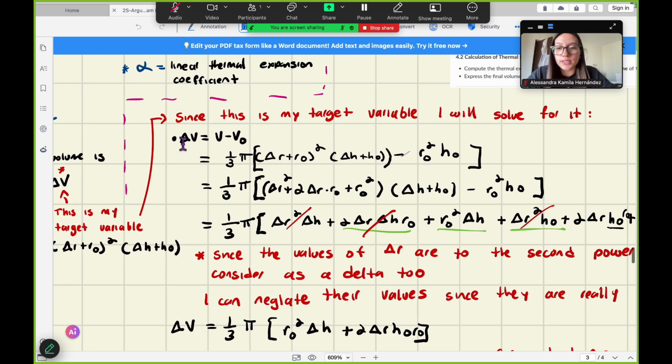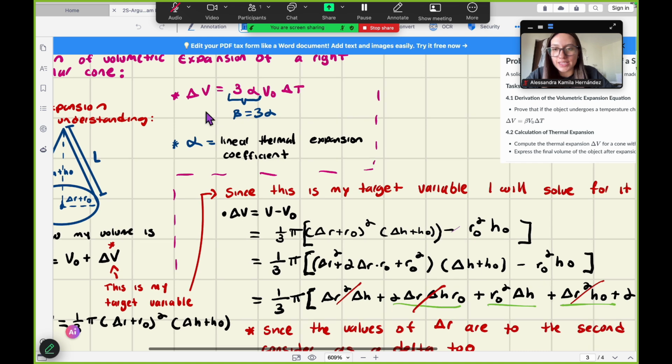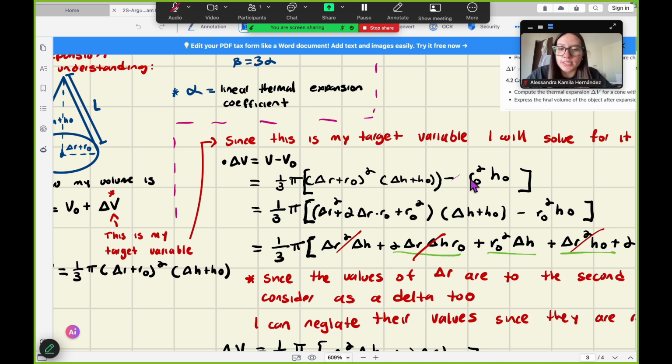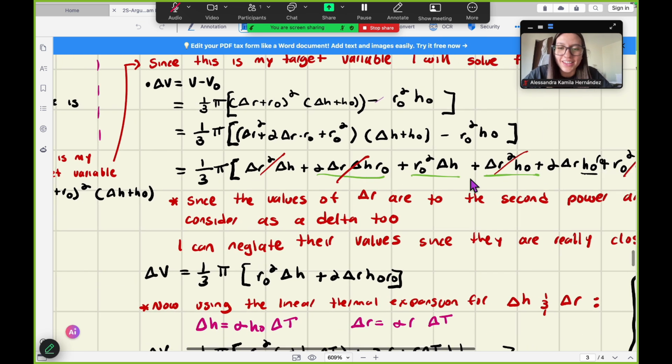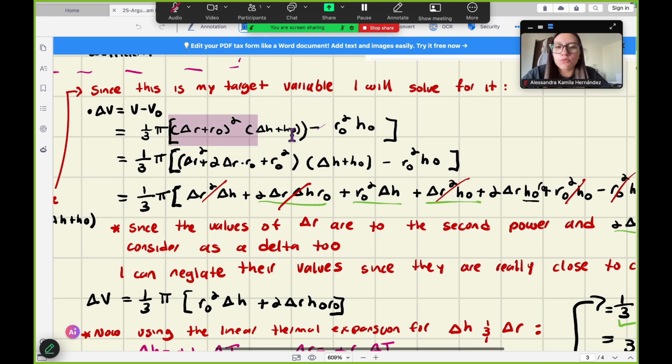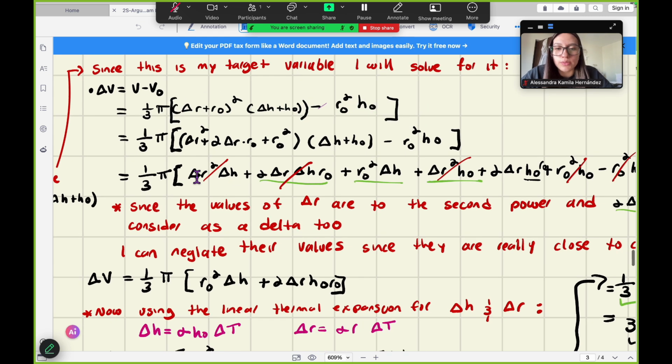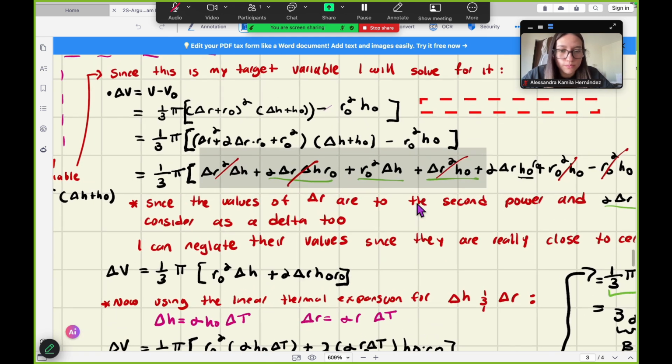Since this is my target variable, I need to demonstrate that it's actually this given formula, this already given formula for the physics, from the previous physicists that existed. So I'll do a lot of algebra. I expand this operation, and at the end I obtain these really huge values.